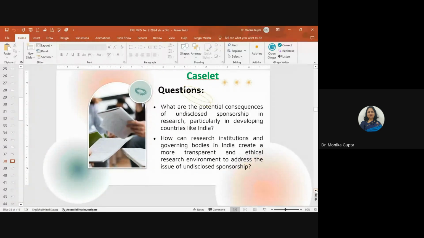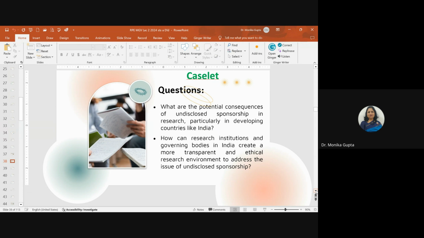So, first is biased research outcomes, because financial incentives may influence the researcher to produce results favorable to the sponsor, compromising the integrity of the research. Second, erosion of public interest. Third, legal and ethical repercussions.